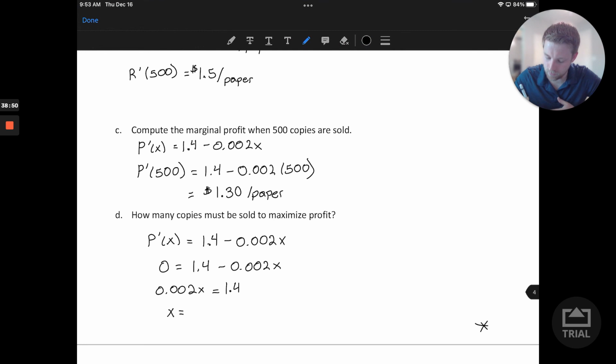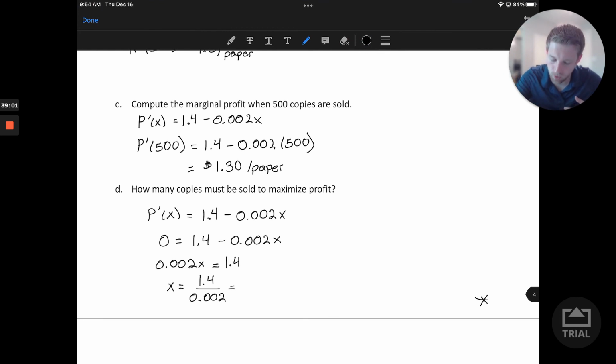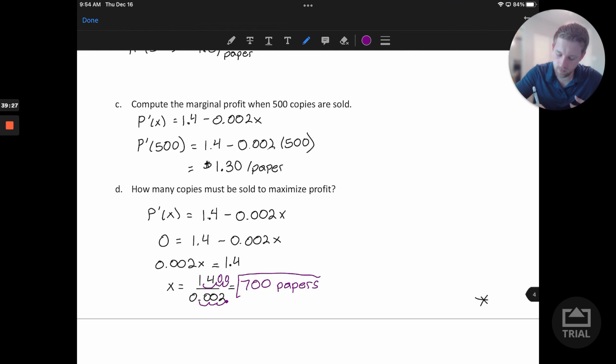And then X is going to be 1.4 divided by 0.002. If we move our decimals 3 times to the right, that would give us 1,400 divided by 2, which is going to give us 700 newspapers. So that's the production level, or the number of copies that we want to make to maximize our profit. So we'll leave it as 700 papers.